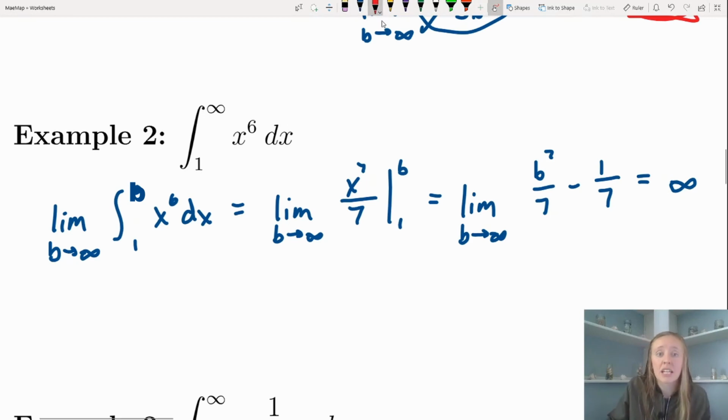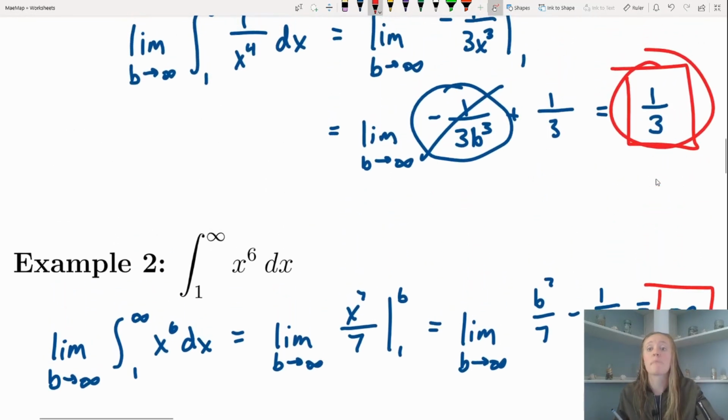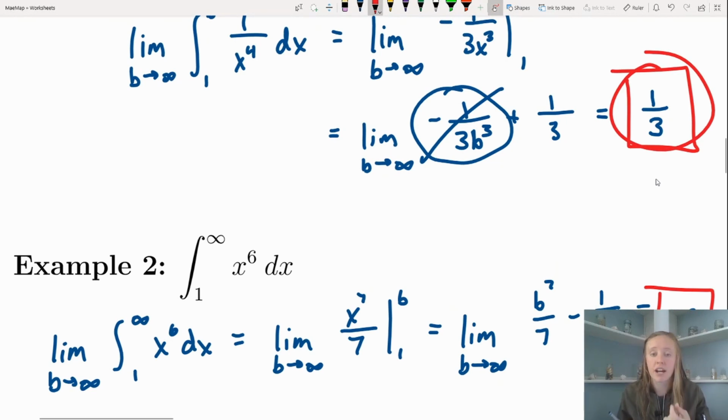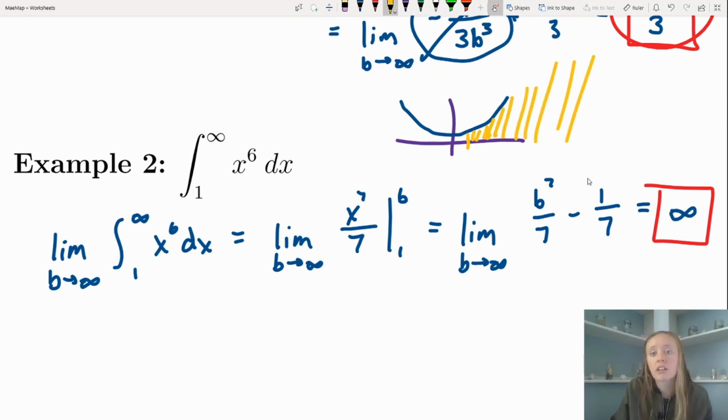So here was an example where we had an infinite bound, and we got that the overall integral diverges. Diverging meaning it goes towards infinity, whereas converging, like in example 1 part B, goes towards a finite number. And just to think about the graph of this, you can see that if I had 1 here and I continue out towards infinity, well, that's going to get bigger and bigger and bigger as we take that area under that curve, as we integrate.